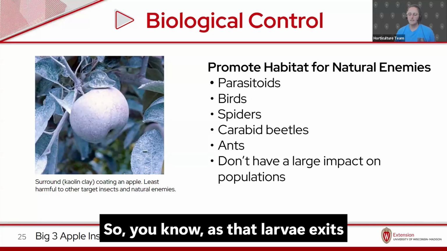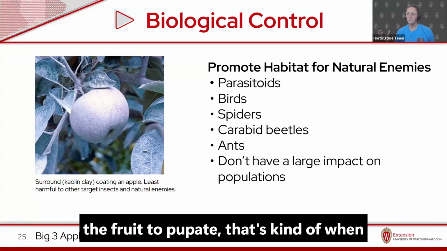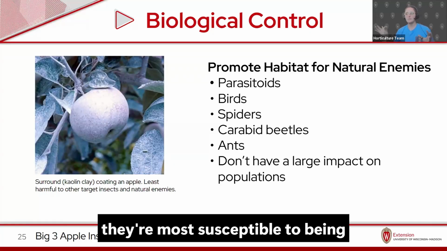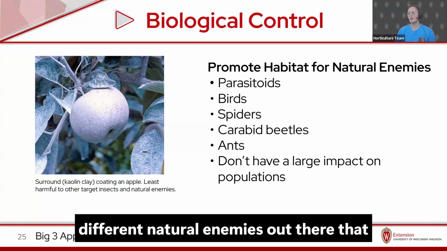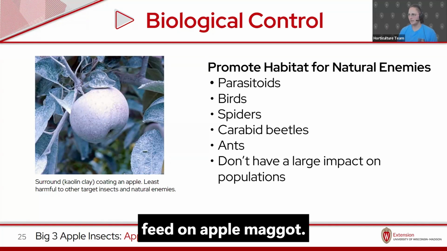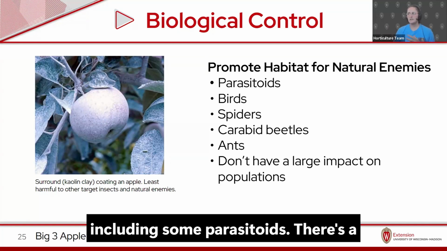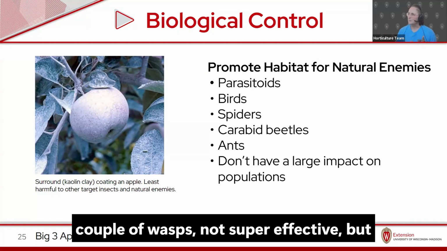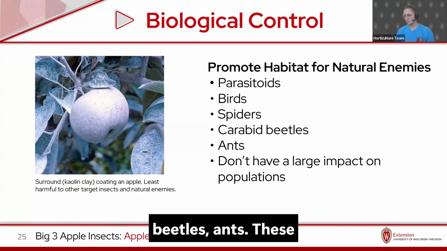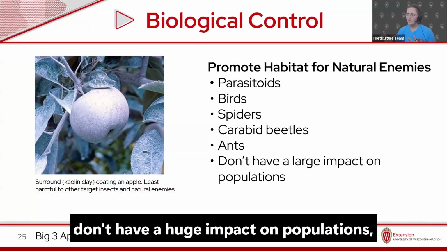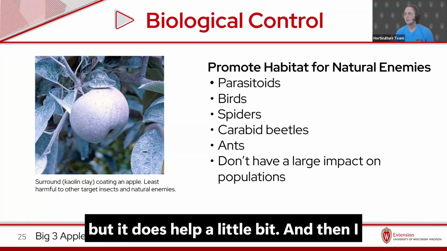As that larva exits the fruit to pupate, that's when they're most susceptible to being predated. There are a lot of different natural enemies out there that feed on apple maggot, including some parasitoids. There are a couple of wasps, not super effective, but they exist. Birds, spiders, carabid beetles, ants. These don't have a huge impact on populations, but it does help a little bit.